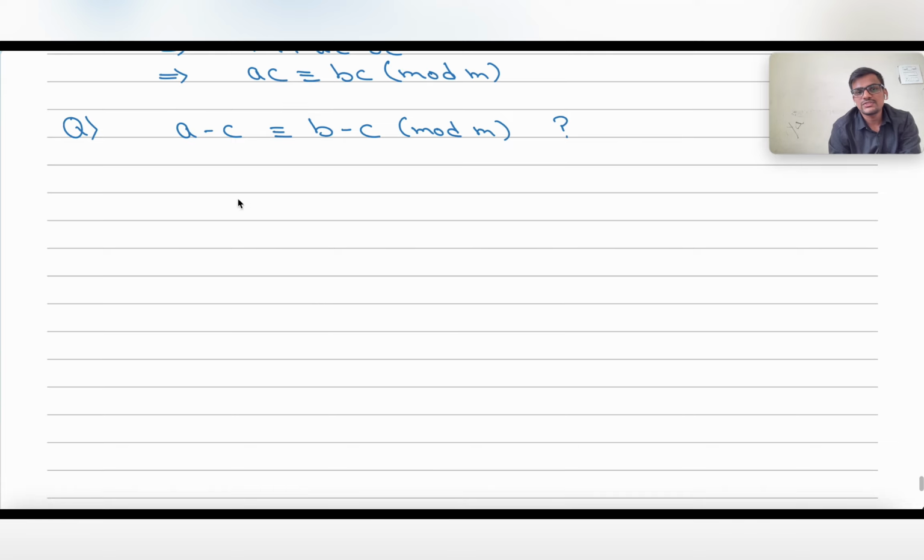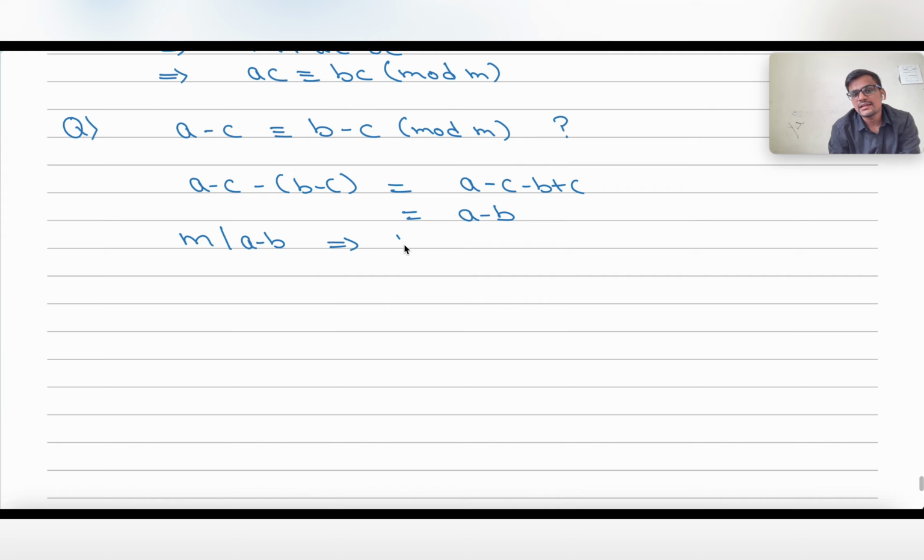So see, to prove this one, I need to show that A minus C minus (B minus C) will be divisible by M, and this is nothing but A minus C minus B plus C, and this is nothing but A minus B. Now, because A is congruent to B modulo M, M will divide A minus B, right?